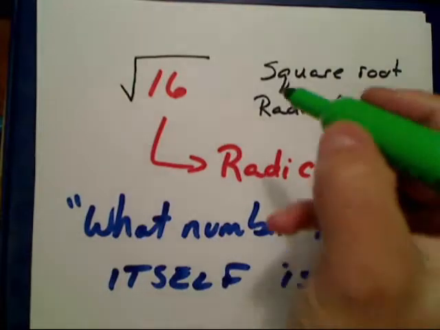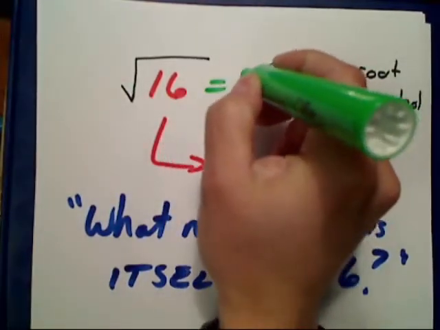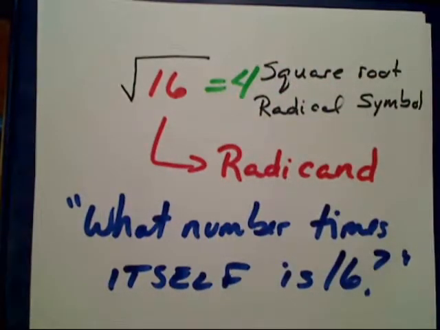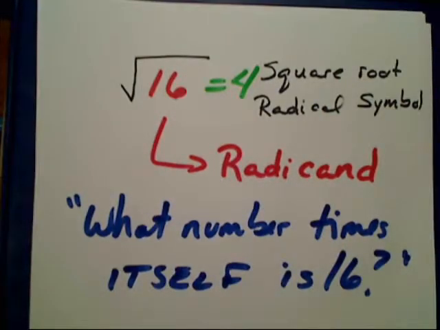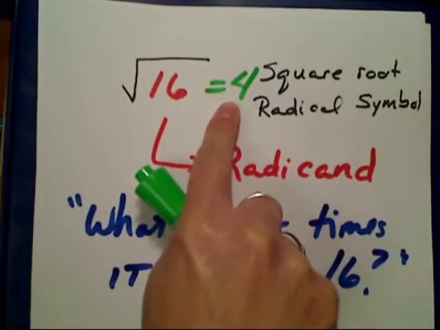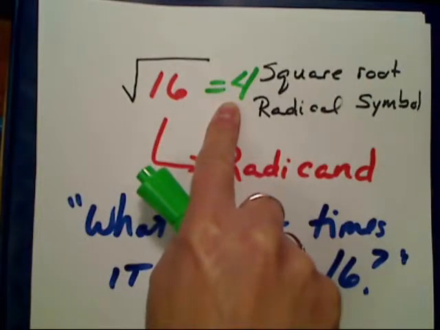So the square root of 16 we know is 4 times 4, so the square root of 16 is 4. Now we've used the square root symbol because the square root symbol is telling us to answer this question. Because we answered the question, we used the symbol, which means that it's not there anymore. And the answer is simply 4.